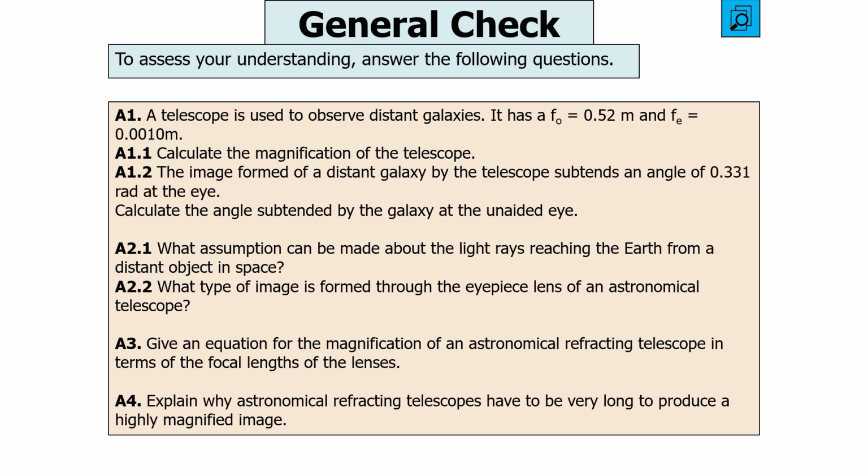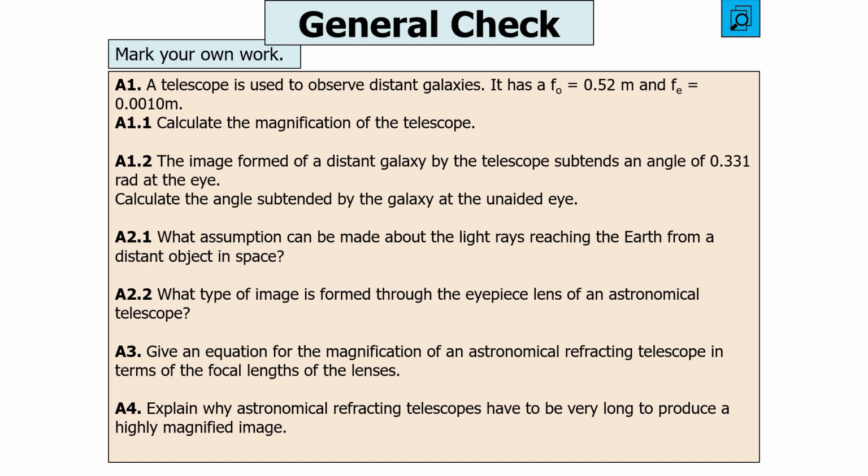What type of image is formed through an eyepiece lens of an astronomical telescope, and then give an equation for the magnification of an astronomical refracting telescope in terms of the focal lengths of the lenses, and finally explain why astronomical refracting telescopes have to be very long to produce a highly magnified image. So pause the video now, then unpause the video when you want to go through your answer.